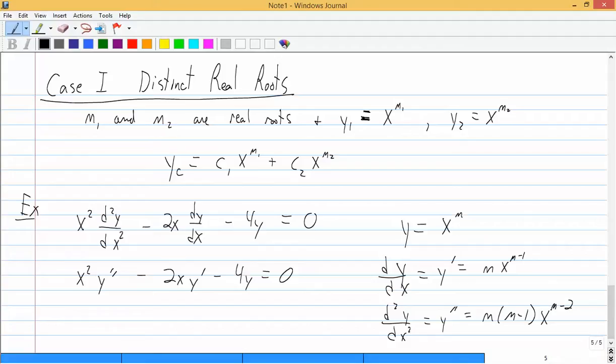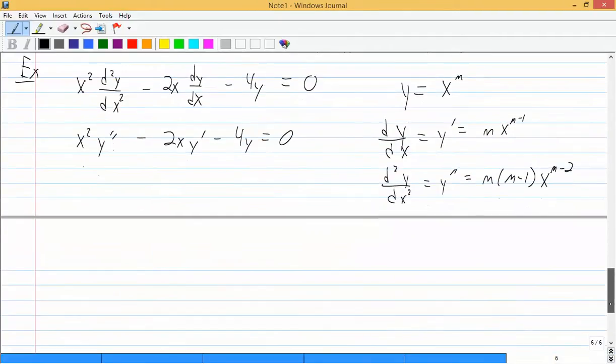Now, if I take my differential equation here and I plug in my second derivative, my first derivative, and y, what would it look like? Let's see. I would have x squared times, I plug in my second derivative, it would be times m times m minus 1 times x to the m minus 2.